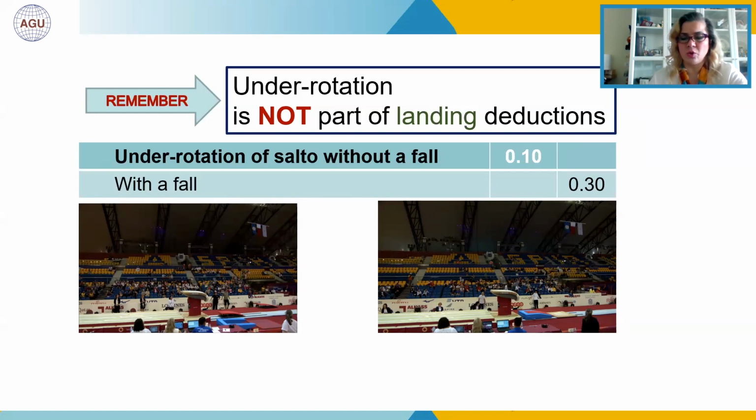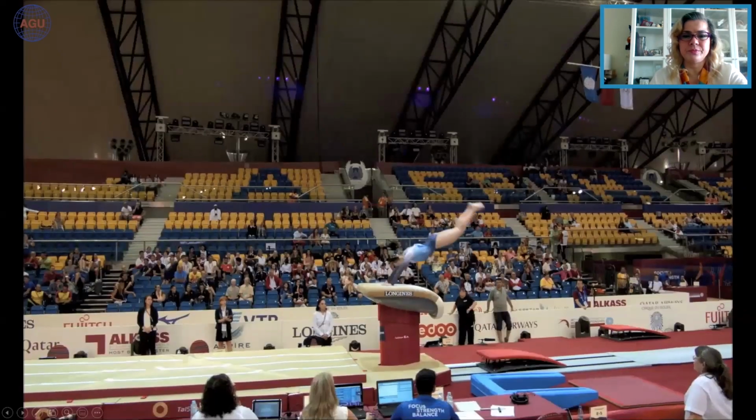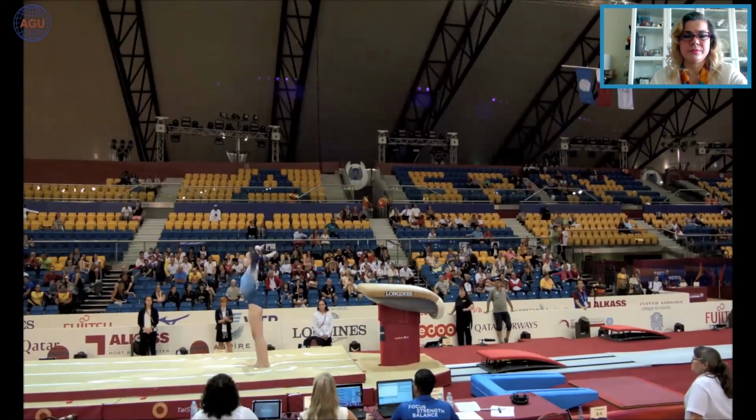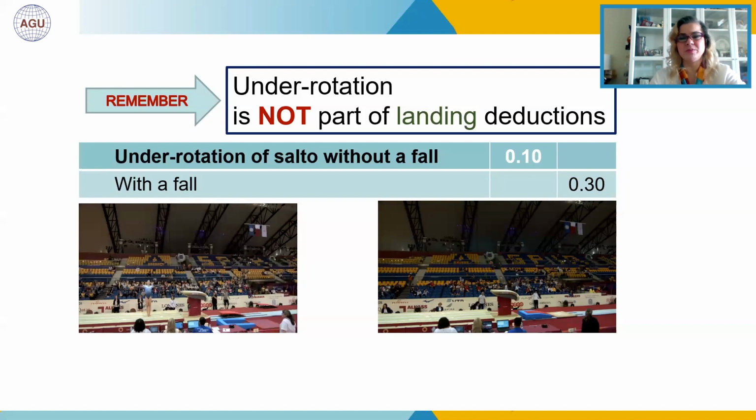So it's either 0.1 if there is under rotation without a fall, or 0.3 if there is a performance with a fall. Let's have the first example. So as you could see here, the gymnast had to step backward a little bit for lack of completed rotation. So we deduct 0.1 for under rotation, and it's only 0.1 because there is no fall.